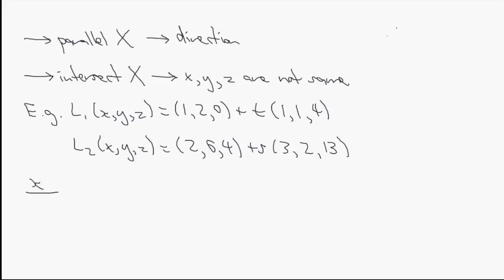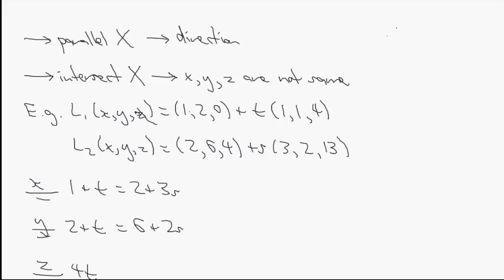For x, 1 plus t equals 2 plus 3s. y will be 2 plus t equals 6 plus 2s. And for z, it will be 4t equals 4 plus 13s.